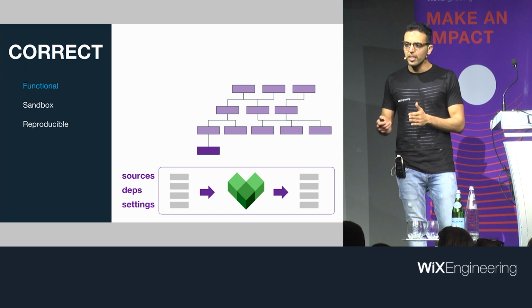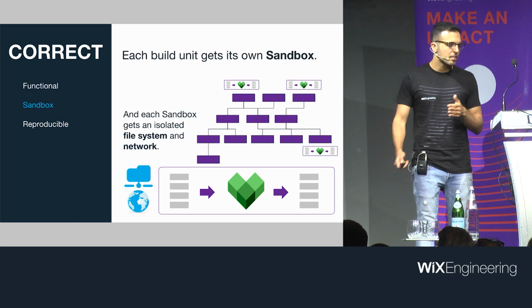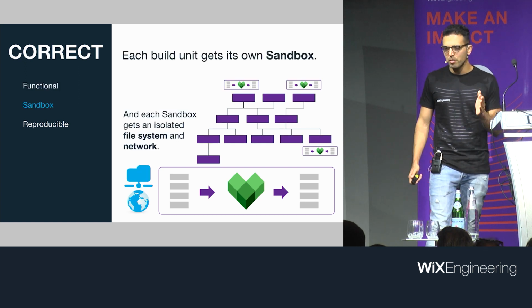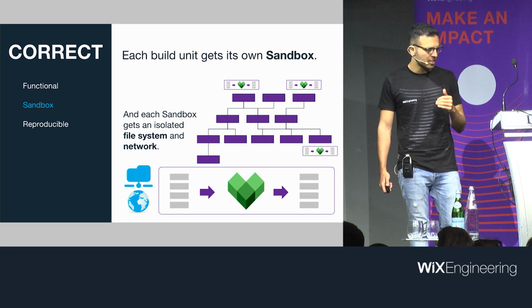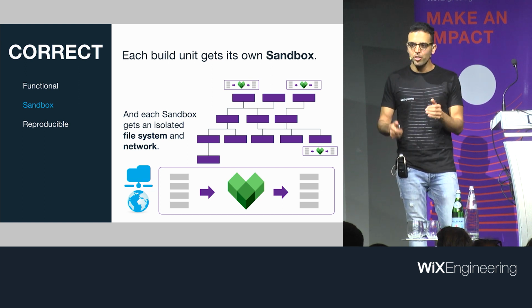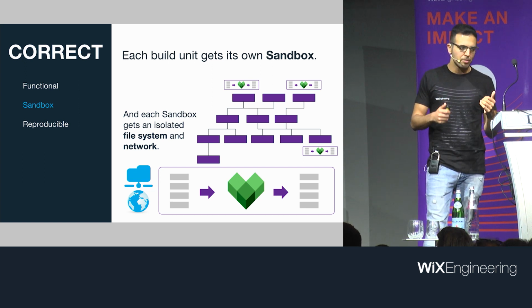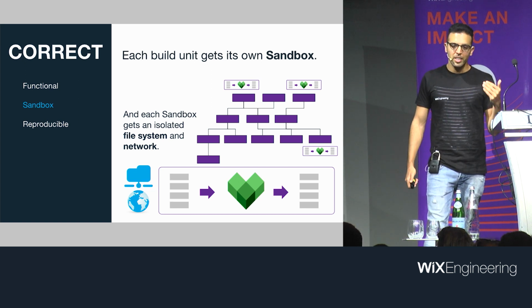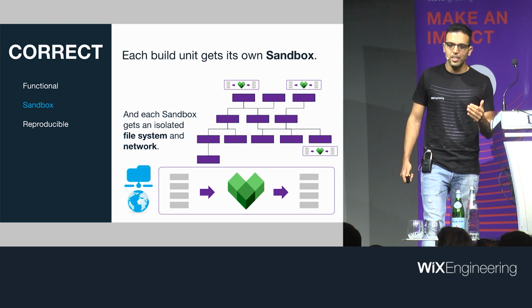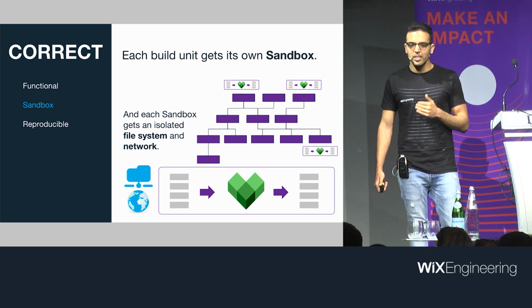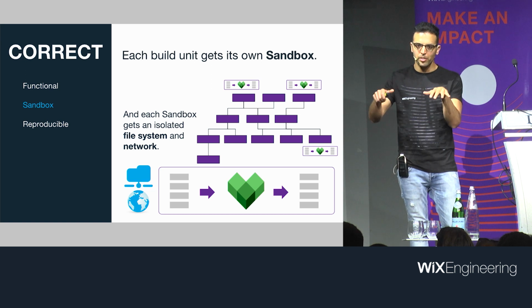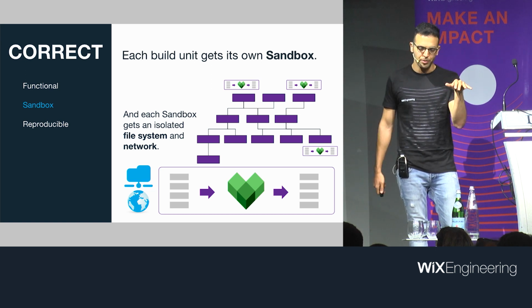To make sure nothing else affects the output, Bazel wraps each execution inside a sandbox, an isolated environment in which the execution can only access resources that were defined in Bazel files. Bazel also gives this execution an isolated file system and isolated networks, so two executions that run at the same time would not step on each other.